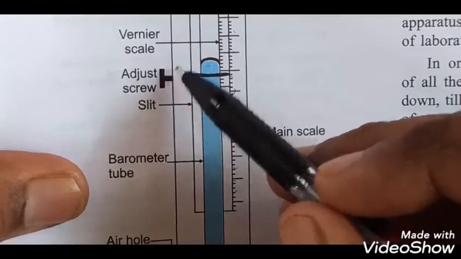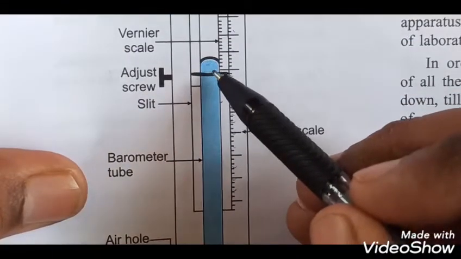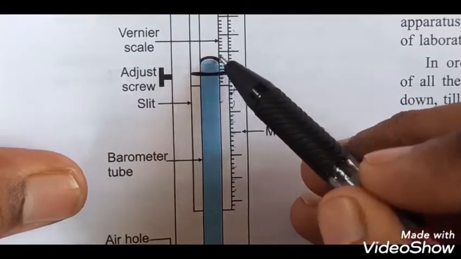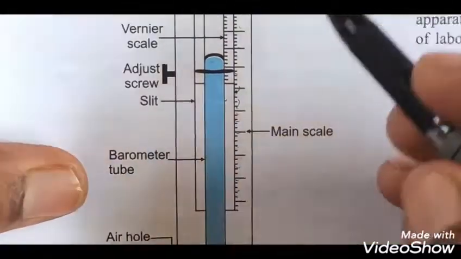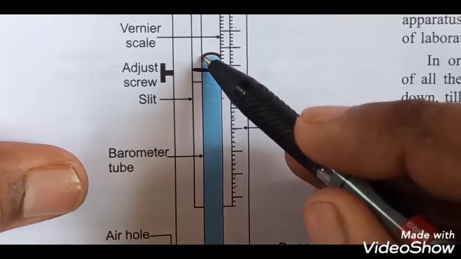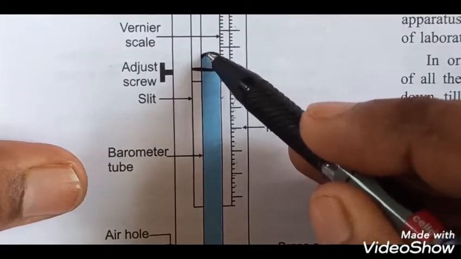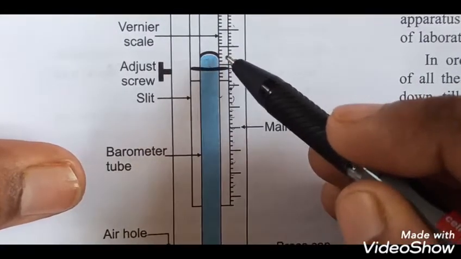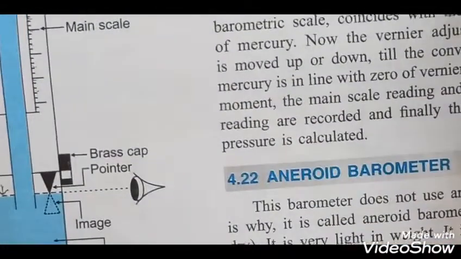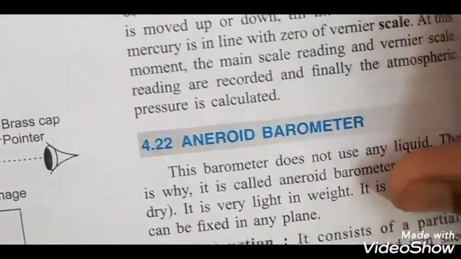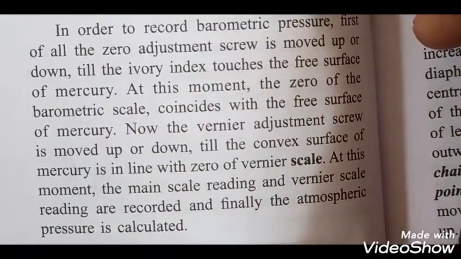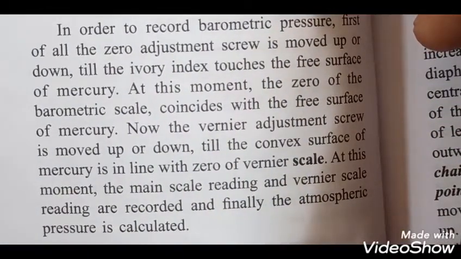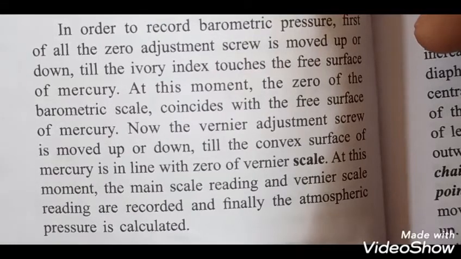Now the vernier scale is moved up and down so that it just coincides with the convex level of mercury, because the topmost level of mercury is not flat, it is convex, so it should match with that. So that is done, and then by using the vernier scale and main scale, readings are taken, then we use those two readings to get a highly accurate reading.